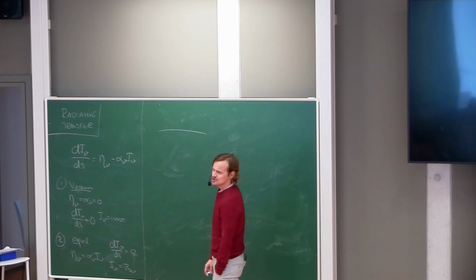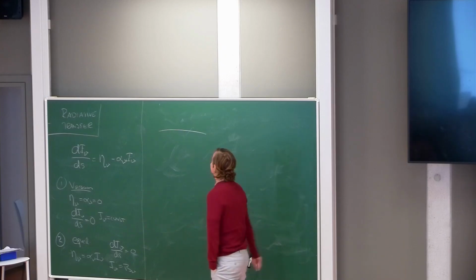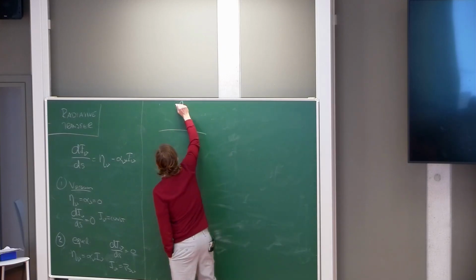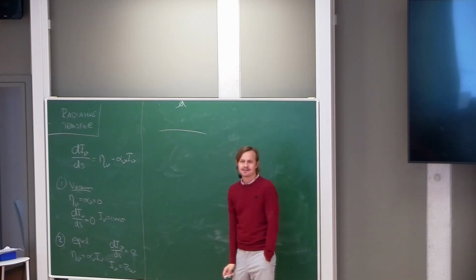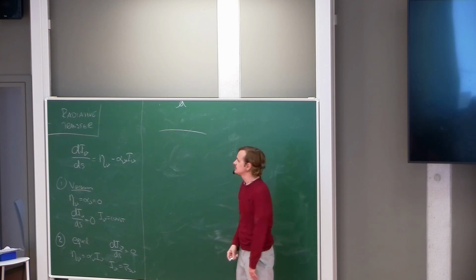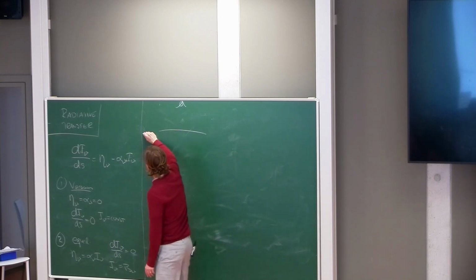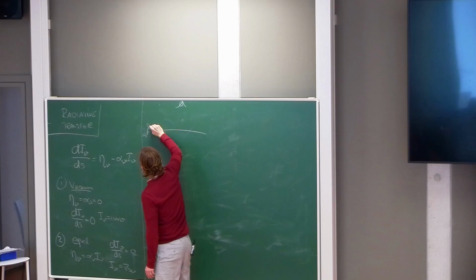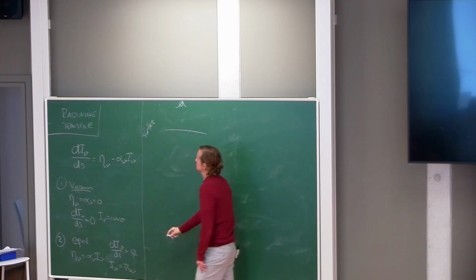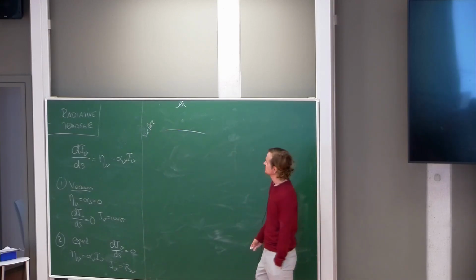Often we have situations something like this. We have some observer up here, and then we have some object with a sometimes not so well defined surface, as we discussed.